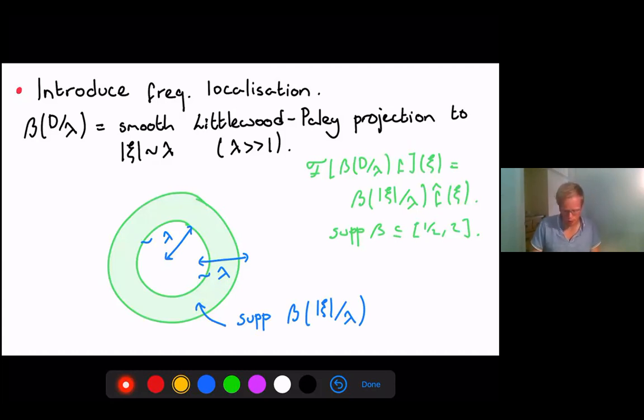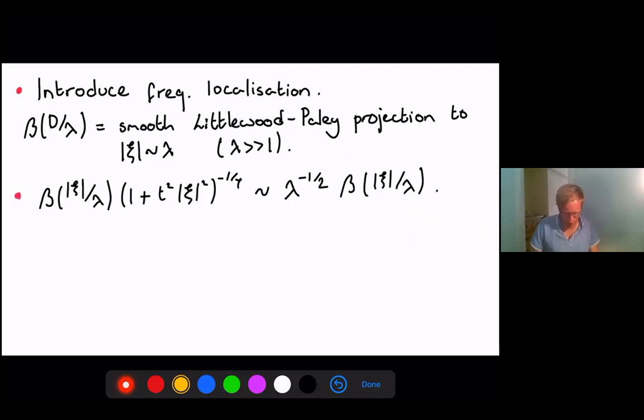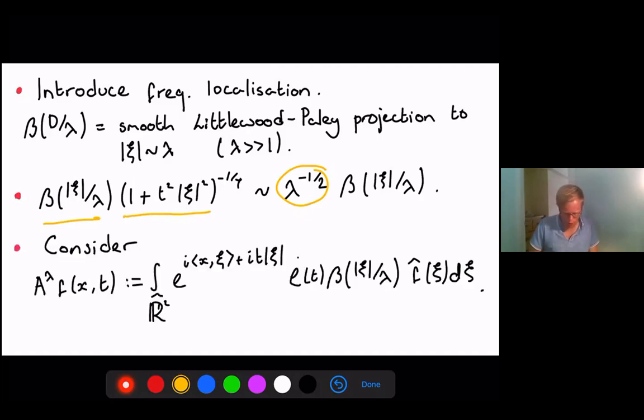Once we do that, if we've localized this decay factor to this annulus, then it has size λ^(-1/2) everywhere. So basically, we can take this multiplier and replace it with λ^(-1/2), just some constant. I'm going to factor out this λ^(-1/2) and consider the operator now just with the frequency localization.